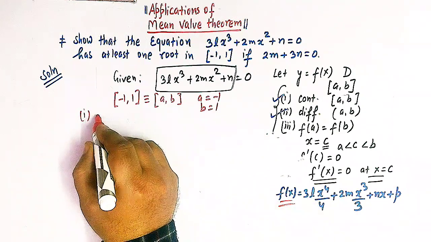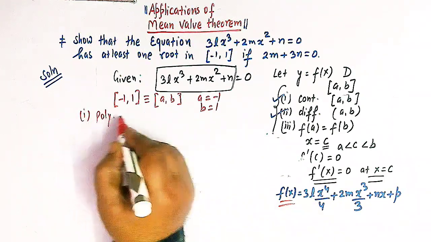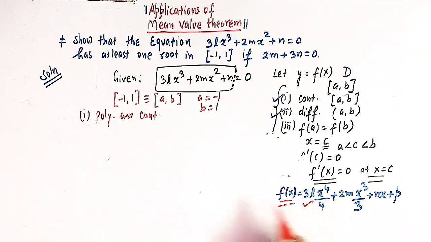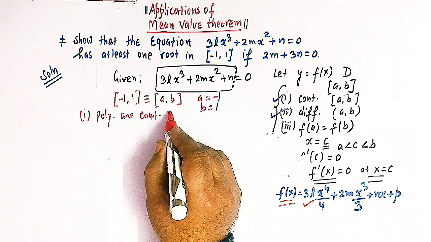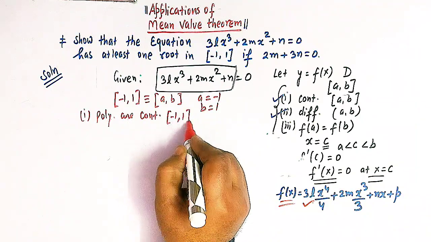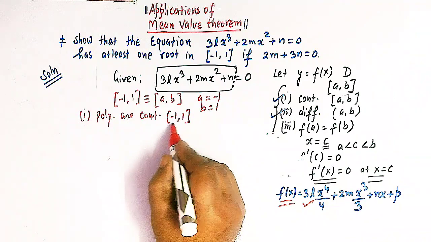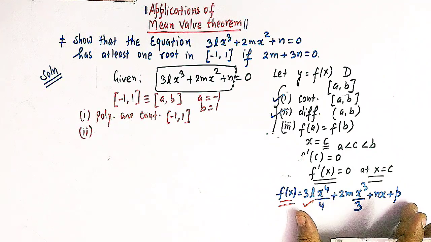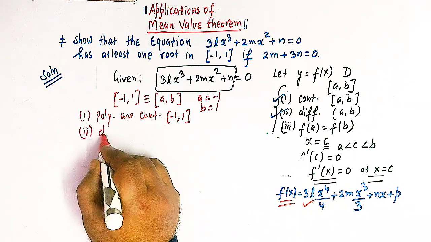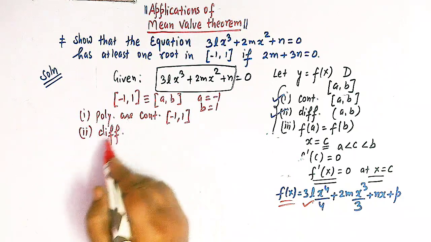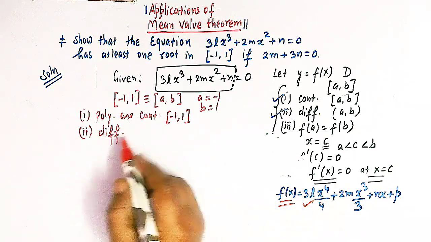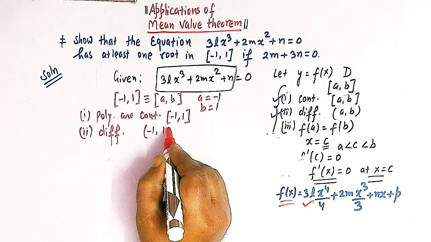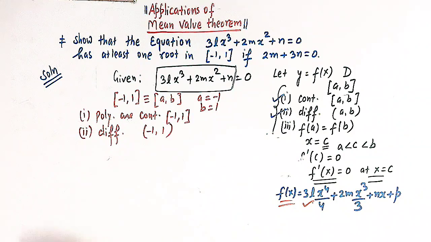Now see, all the polynomial functions are continuous, right? So this function is continuous in the interval minus 1 comma 1, right? So this is the closed interval, and moreover, all the polynomial functions are differentiable, and this function is also differentiable in the open interval minus 1 comma 1, right?